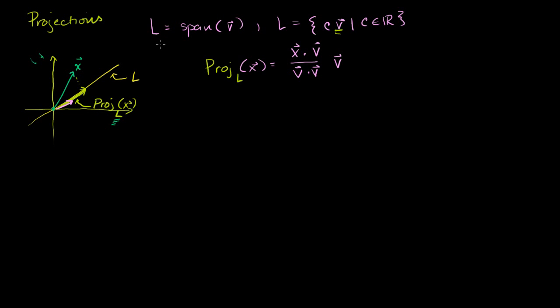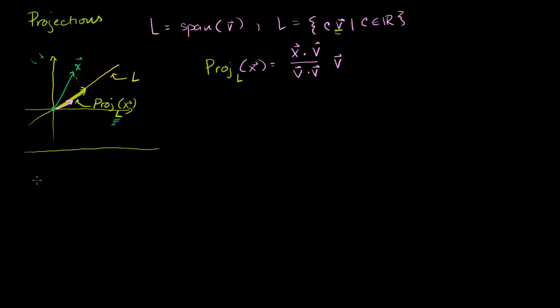Now, that was a projection onto a line, which was a special kind of subspace. But now we're going to broaden our definition of a projection to any subspace. Let me draw a little dividing line to show that we're doing something slightly different.